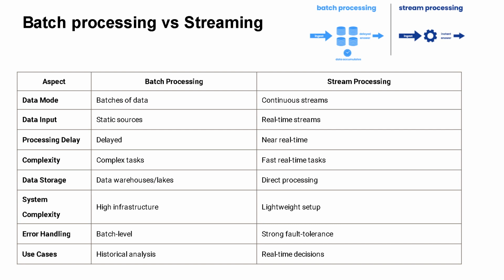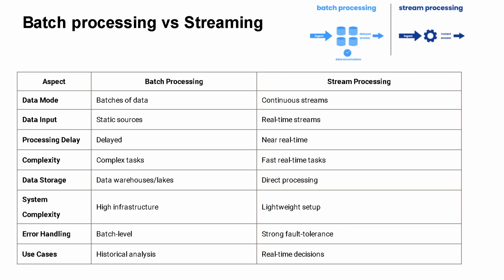The processing is delayed because the data will be finished collecting and only then the batch processing will be executed. The good thing is that it can handle more complex tasks, and the data processed are normally stored in a data warehouse or data lake.